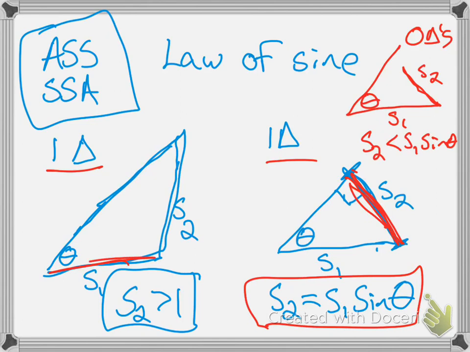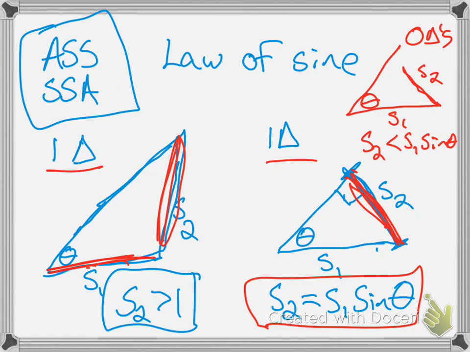Okay, then we get to our ambiguous case. So for the ambiguous case, first of all, going back to here, we're going to look back at our diagram. We've got side one right here, side two. We know if side two is bigger than side one, it's one triangle.